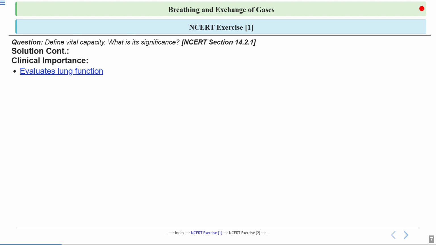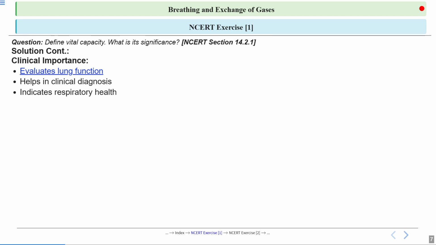So it is actually evaluating the function of the lung. It tells about which part of the lung is not functional, which of the capacities are not giving the actual range of volume. So it helps in clinical diagnosis, in knowing the function of the lungs.